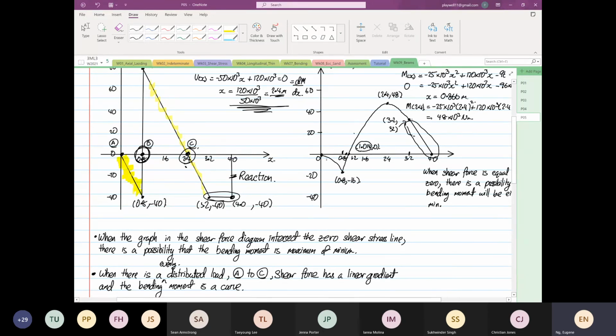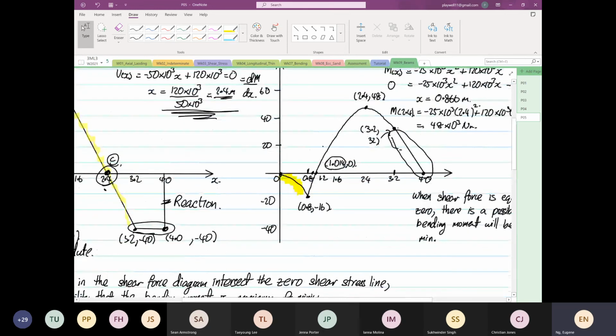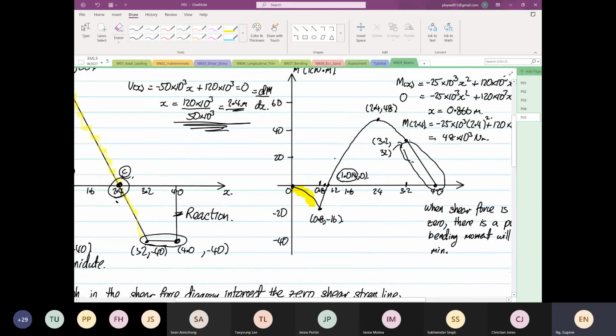What you tend to observe over here is this: the shear force over here has negative magnitude, and in the bending moment diagram, from 0 to 0, the slope is negative.